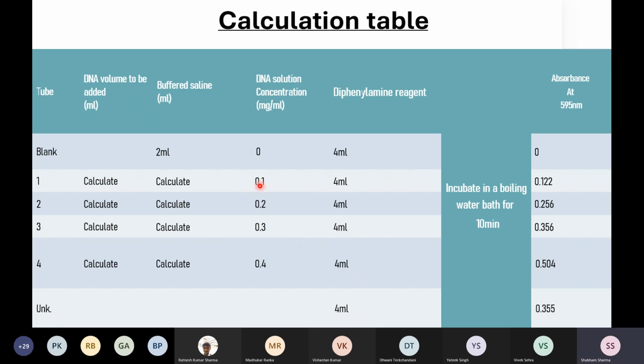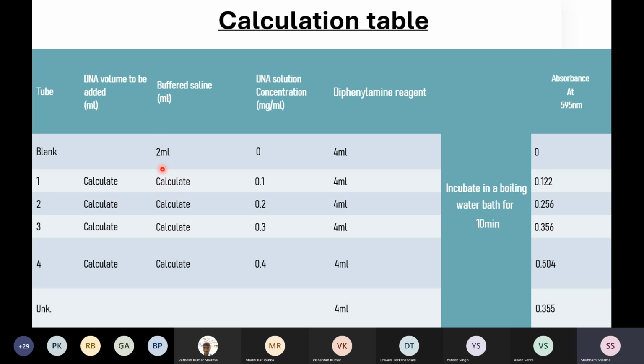So what we have done is we have prepared individual standard DNA concentrations of 0.1, 0.2, 0.3, and 0.4 mg per ml from our stock, which is 0.4 mg per ml. Based on these concentrations, you have to calculate what amount of DNA stock we have added into the individual test tubes and what amount of buffered saline we are going to need to make up the volume to the final 2 ml.